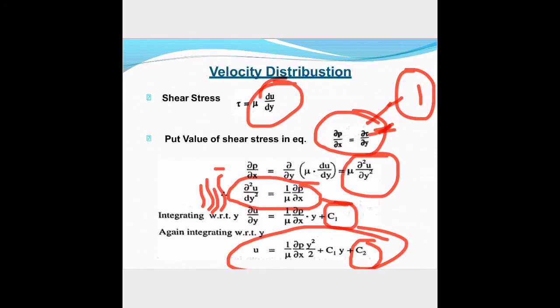How can you find the values of C1 and C2? We have to take two boundary conditions, as I have told earlier. Boundary condition number 1: u equal to 0, y equal to 0. Boundary condition number 2: y equal to t, u equal to 0.